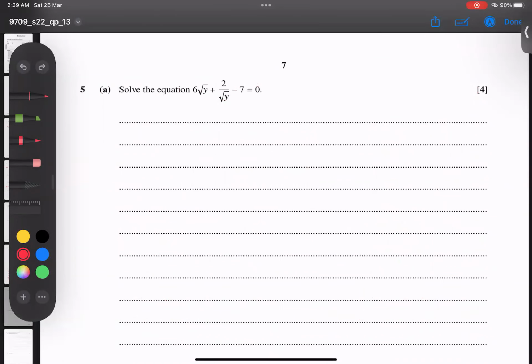This question is basic algebra, root y matching. So you can assume in the beginning root y equals, let's say, k. So I get 6k plus 2 over k minus 7 equals 0. How to get rid of this k in the denominator? Two choices: bring 2 over k to the other side, make a single fraction and cross multiply, or multiply the whole equation by k.